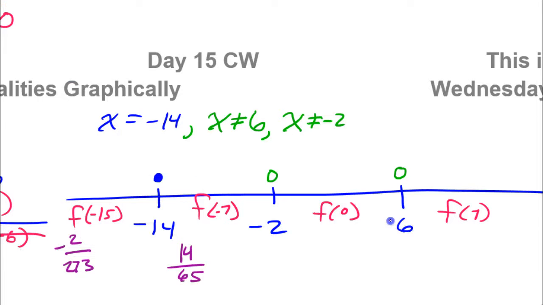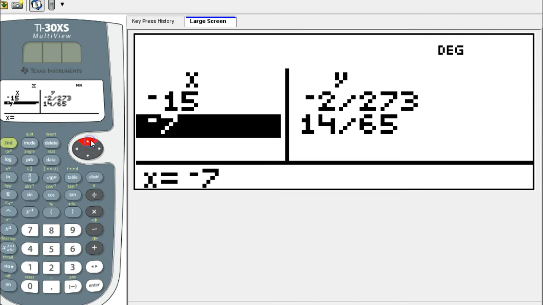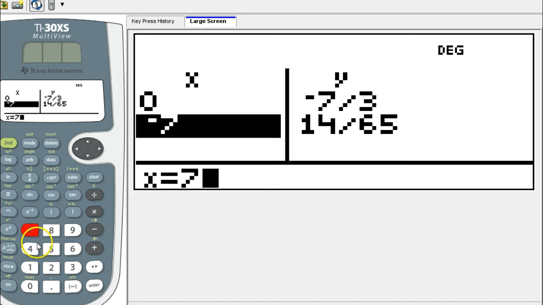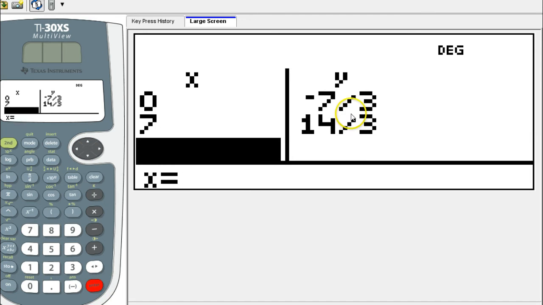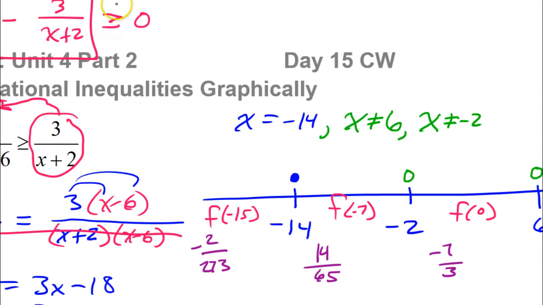Now I'm going to do 0 and 7. That's negative 7 over 3 and 14 over 3. We are comparing all of these to 0.